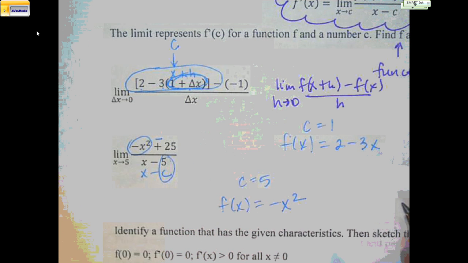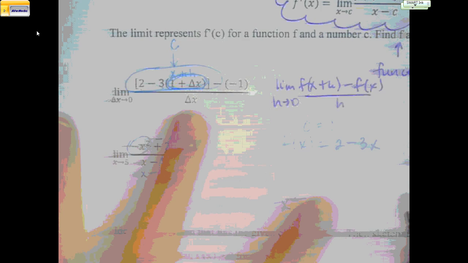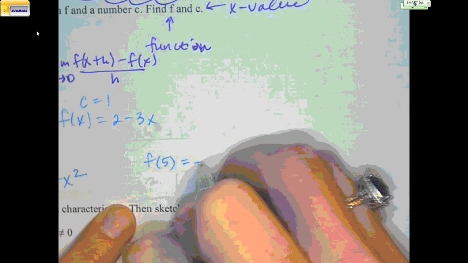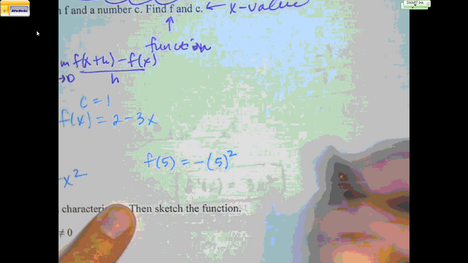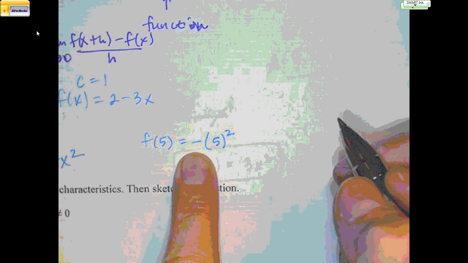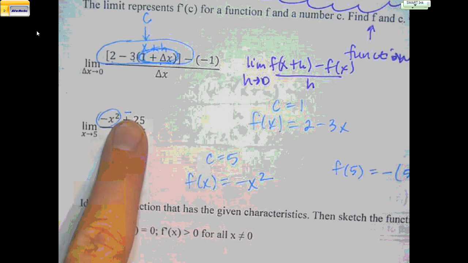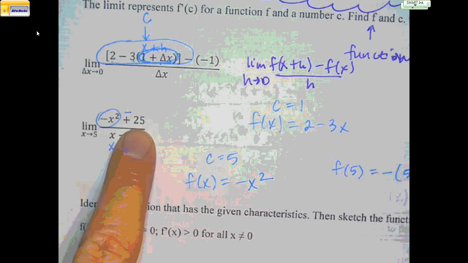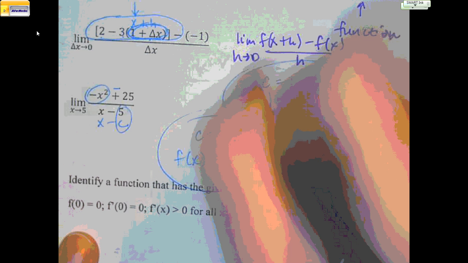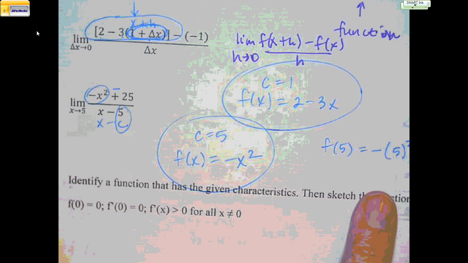But let me write this out because some of you don't know this. Hang on. If you have negative x squared, you square the 5, and it's the opposite. It's a negative 25. But if it's this minus negative 25, that would make it a plus. So we're good. So this is the answer. It was a negative 25.